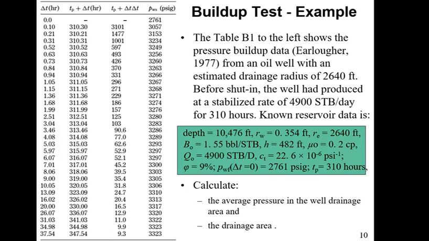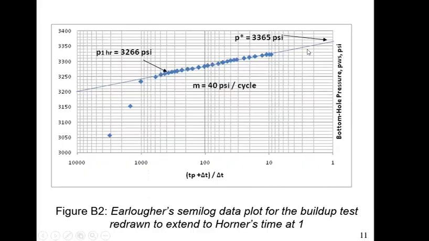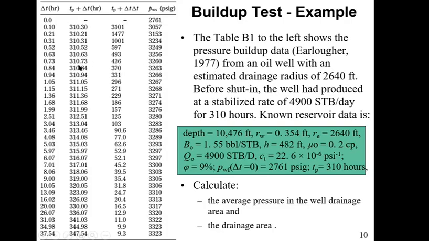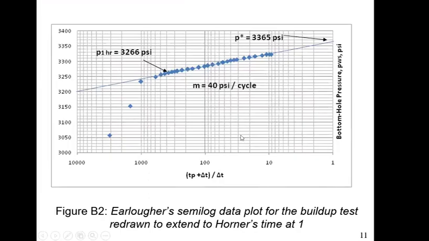Below is the known reservoir data. We're asked to calculate the average pressure in the well drainage area and also the corresponding drainage area. So let's get into it. Remember that the first step is to produce the Horner plot, which I have done here.